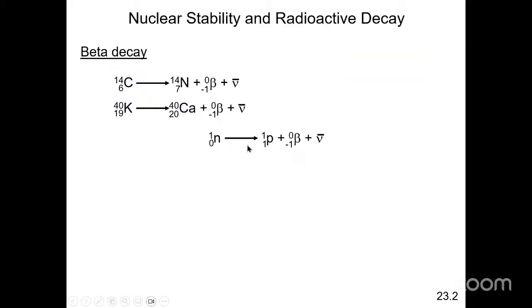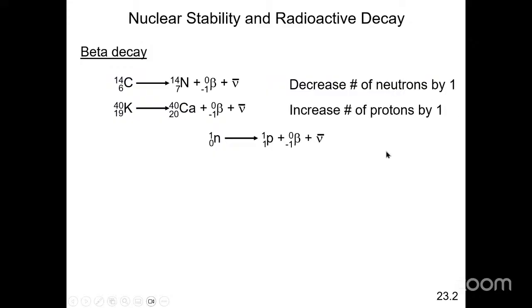The proton remains in the nucleus and the beta particle is emitted from the nucleus in addition to the energy that's produced. As a result of that, the number of neutrons will decrease by 1. And there's also going to be an increase in the number of protons by 1 as well, all right?